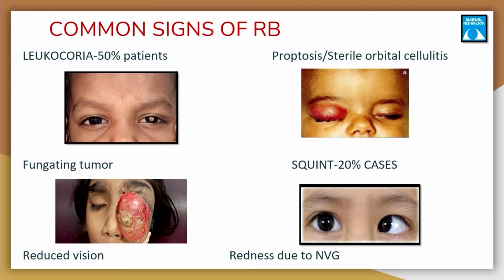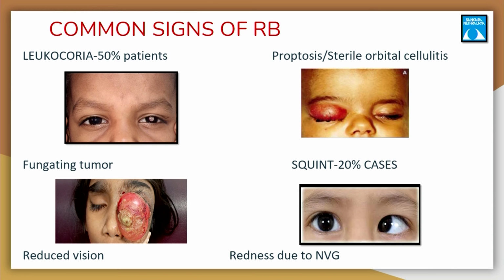They will mostly see leukocoria or strabismus. But in parts of India, in the 1970s, in the Indian Journal of Ophthalmology in 1975 or 76, in a case series of retinoblastoma, the most common presenting feature was proptosis, not leukocoria.